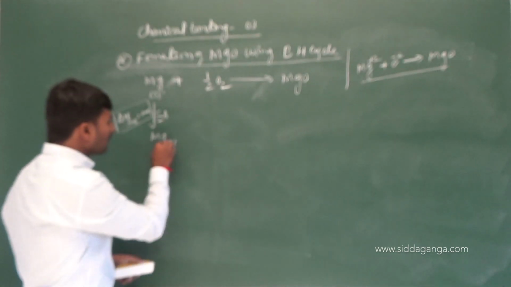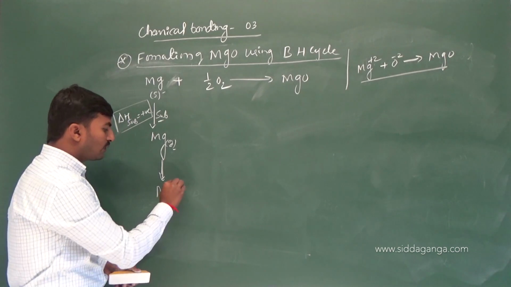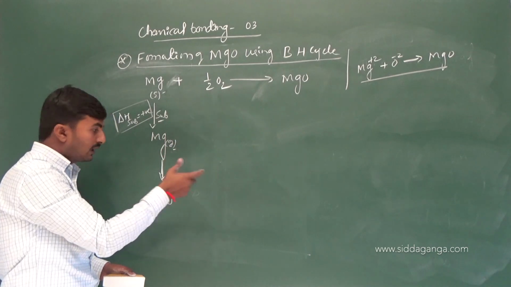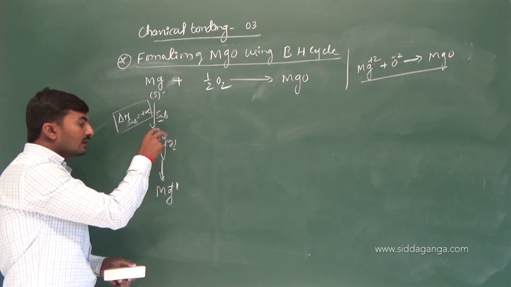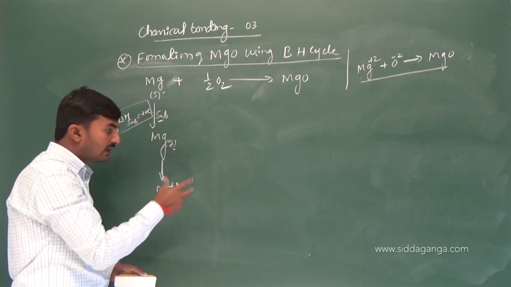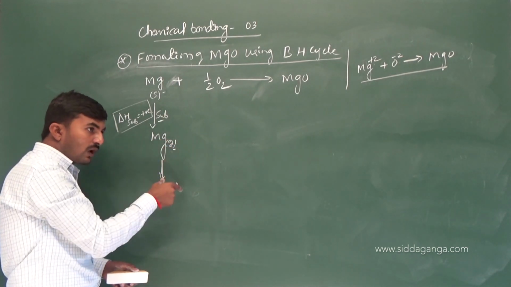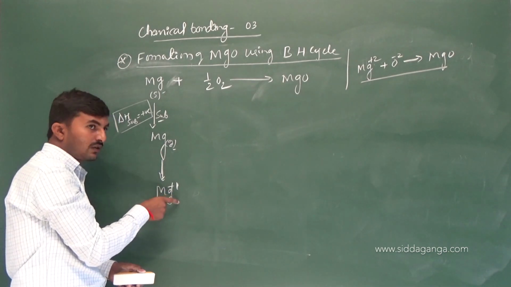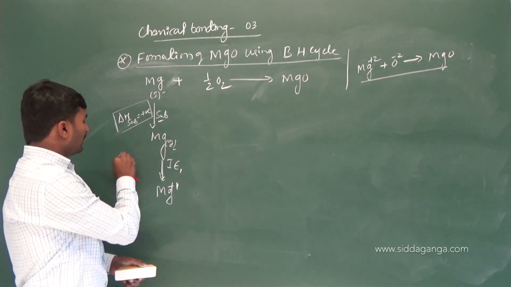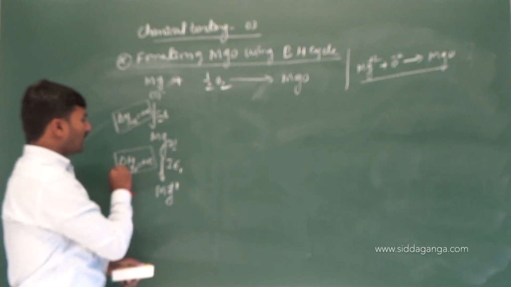First we have to convert this gaseous magnesium atom into Mg+ after losing one electron, and the energy required to convert Mg to Mg+, or the energy required to remove that electron, is called ionization energy. Since this energy is required for the removal of the first electron, it is called first ionization energy. And delta H ionization energy is positive because we are supplying energy here.